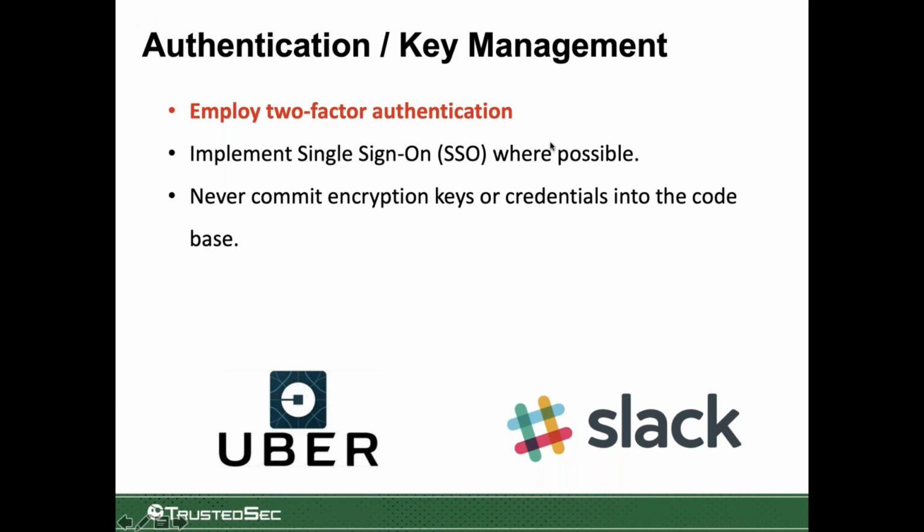A couple of companies have had issues with checking either credentials or keys into source code, which has led to security issues. So never commit any encryption keys or credentials in the code. Obviously, that's a 101 type of thing, but this has led to a number of different security issues. So make sure you have proper credential management. How do you manage that? Do you have it in a repository?